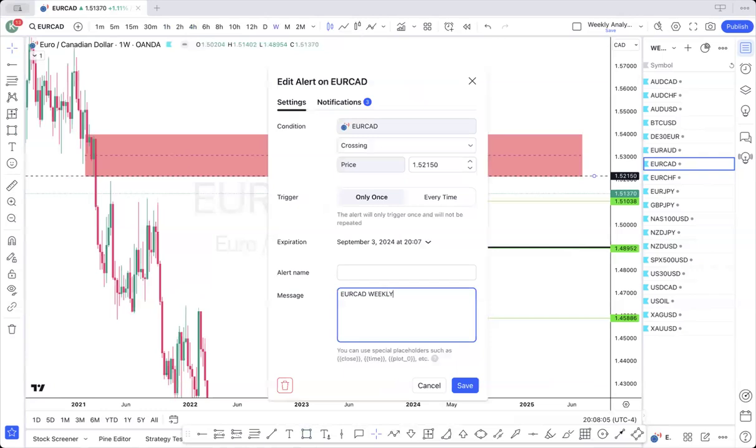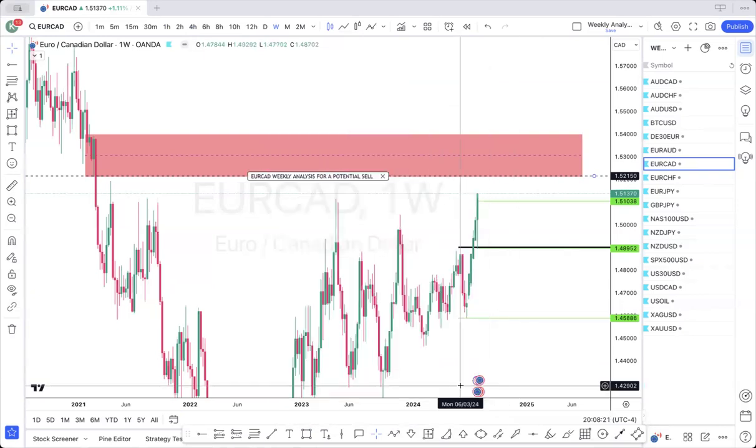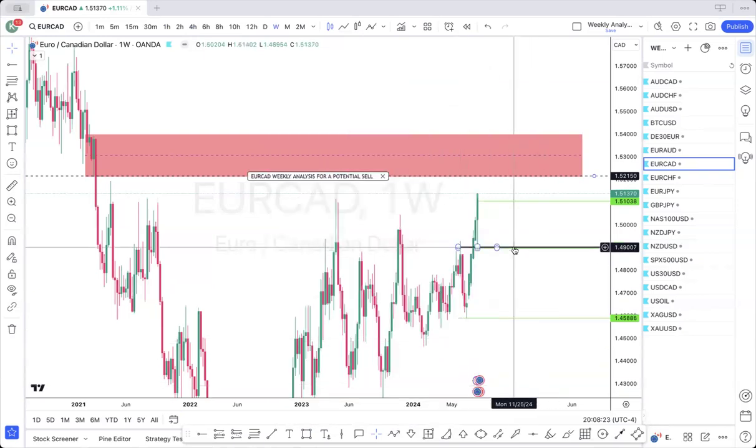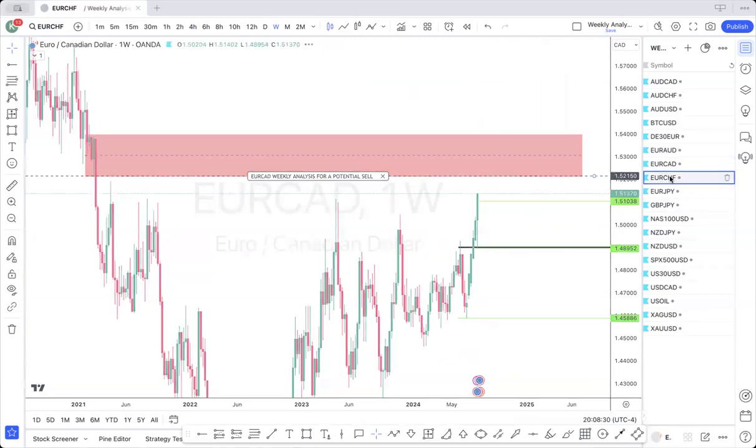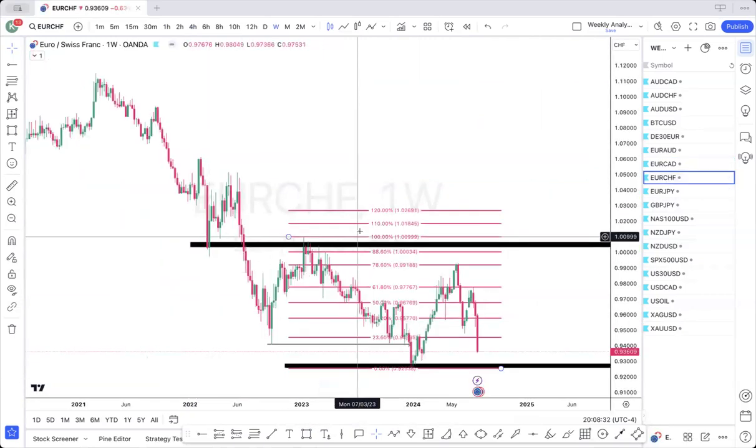Weekly analysis for a potential. Okay, so once I get that alert, I will alert everybody.